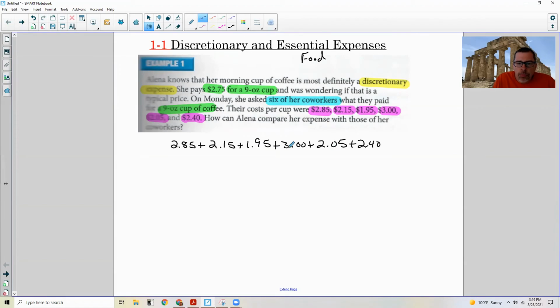Okay, that would be the sum of all the values of the coffee. So those 6 people total paid this amount if you added it up. But to find the average, you then take all of those values and divide by the number. So there's 1, 2, 3, 4, 5, 6 coworkers, 6 cups of coffee, their prices divided by 6, and that would equal the mean.